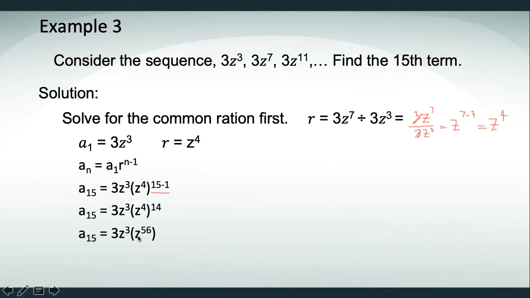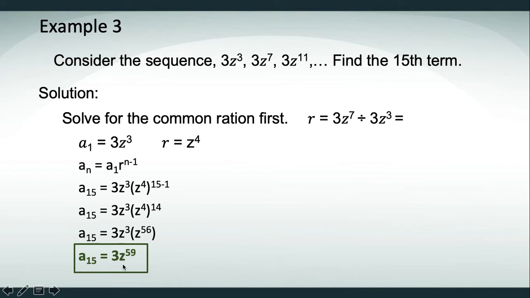We get z to the power of 56. What we did here is we just multiply 4 with 14. It is the same result if we add fourteen 4s together. Then we multiply 3z to the power of 3 with z to the power of 56. So our 15th term is 3z to the power of 59.